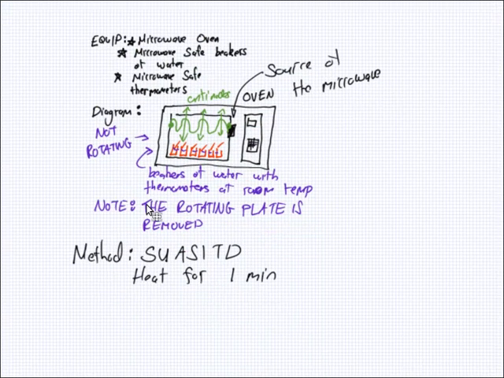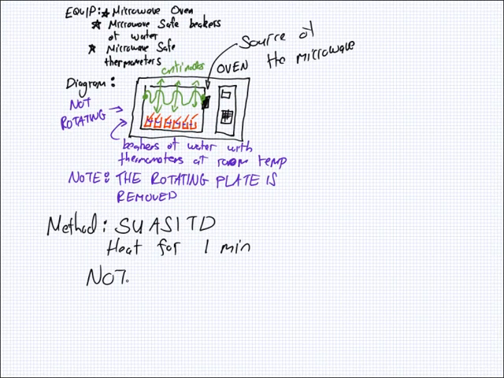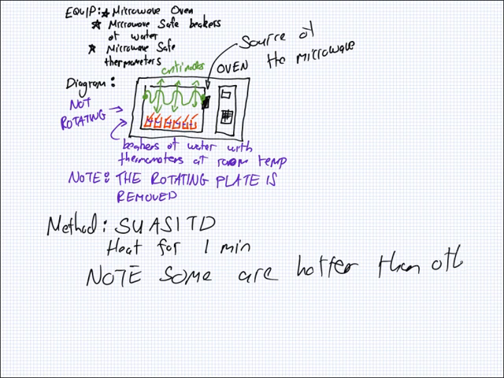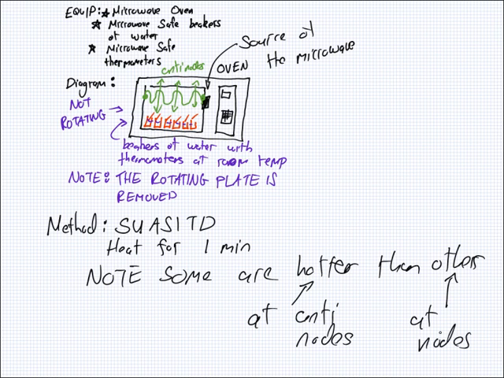And then you note some are hotter than others. And these ones must be at antinodes, and the ones that are not must have been at nodes.